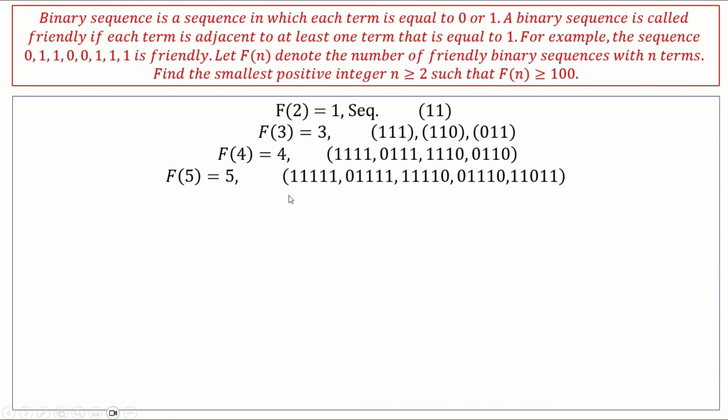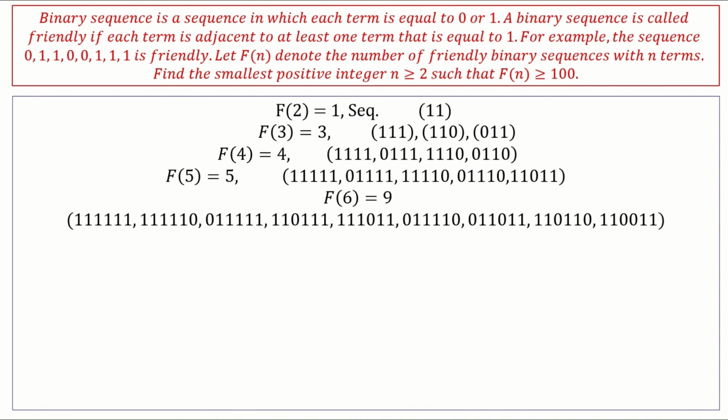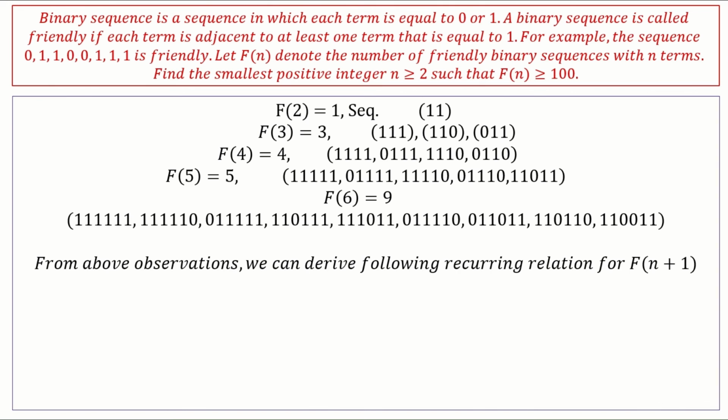Now, similarly, f of 5 equals 5; these are the possible combinations. I wrote several binary sequences and observed very clearly. From this observation, I can tell the actual recurring equation. f of 6 equals 9.